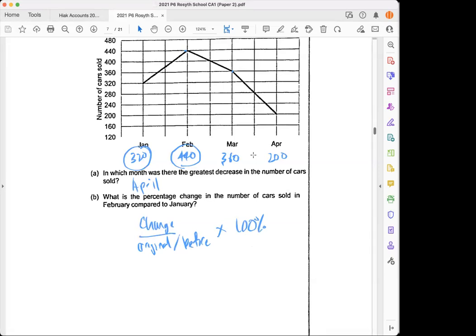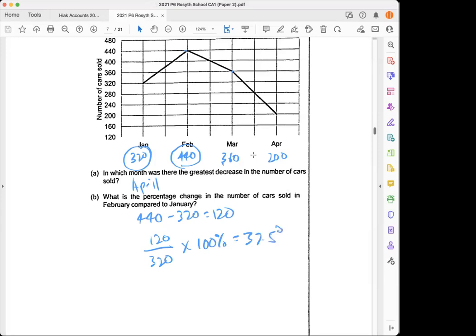This is how you calculate percentage change. So the change will be 440 minus 320, and that gives you 120. The change over the before, which is 320, multiplied by 100% gives 37.5%. So this is the answer for B.